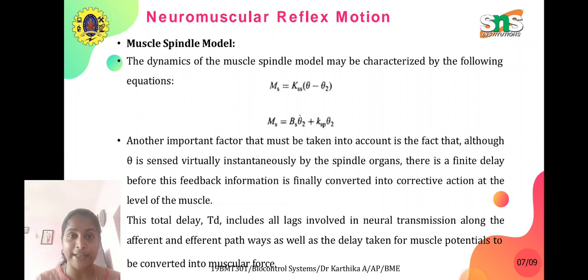So finally, the muscle spindle model output MS is equal to KSS of theta minus theta 2, which includes the total delay TD. Here MS is equal to BS theta 2 dot plus KSP theta 2.